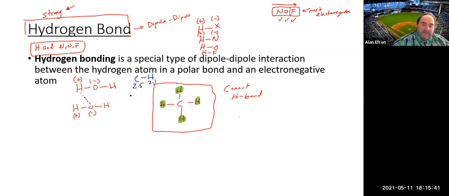When we do our difference in electronegativity, 2.5 minus 2.1 gives us that 0.4 difference, which is technically a nonpolar bond. So even though it's got a ton of hydrogens, it does not have the ability to hydrogen bond.